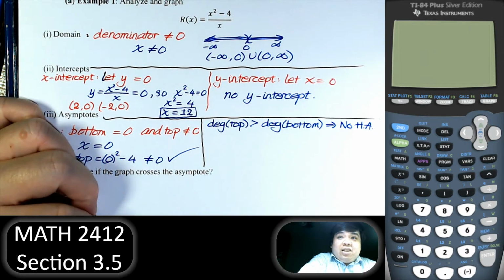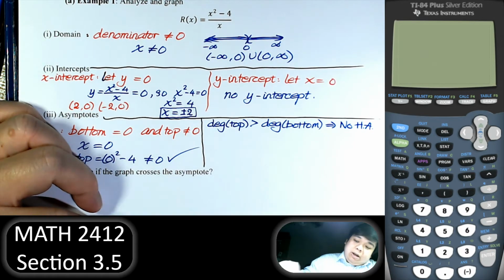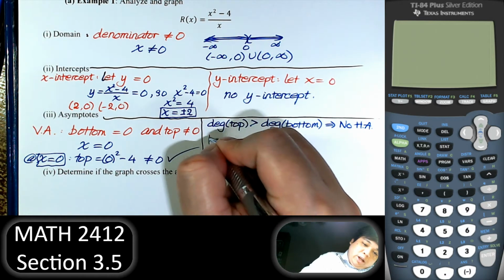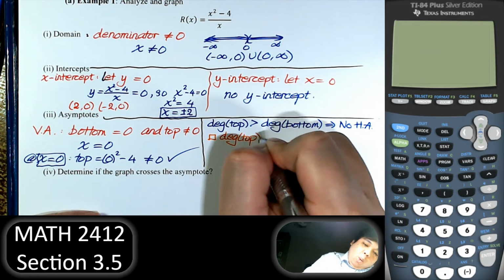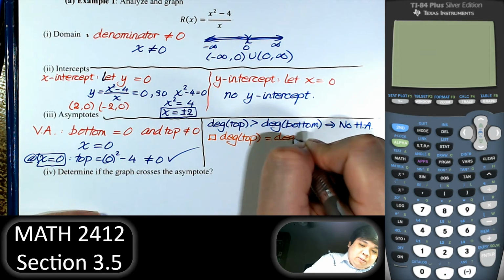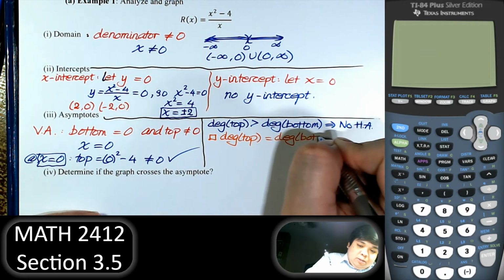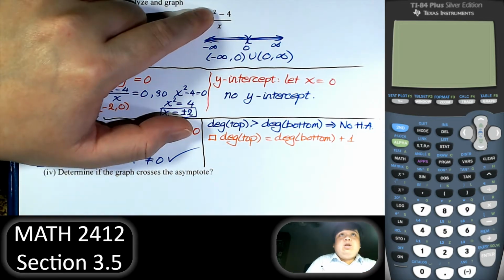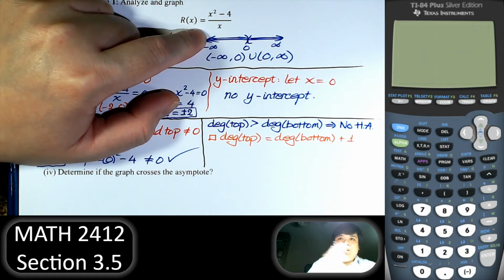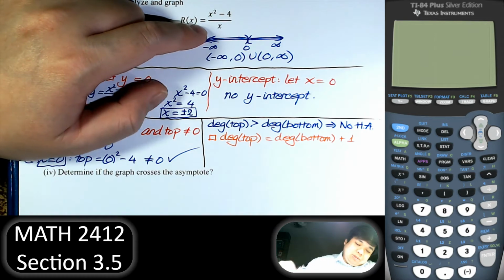Is there a slant asymptote? Remember, we do two things. First, is the degree on top 1 more than the bottom? Degree on top is 2, degree on bottom is 1, 2 equals 1 plus 1, so yes.